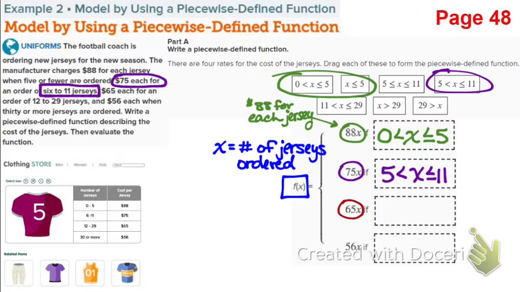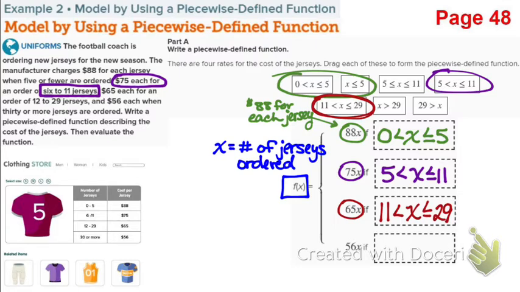Which one of these inequalities lets me choose between 12 and 29 jerseys? First one in the bottom row. Bigger than 11. 12 is bigger than 11. All the way up to 29. So far, so good? All right.